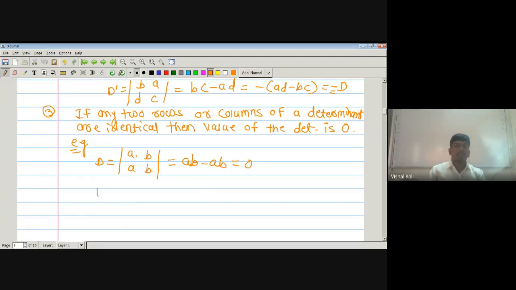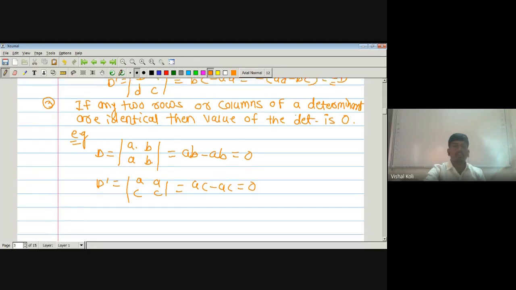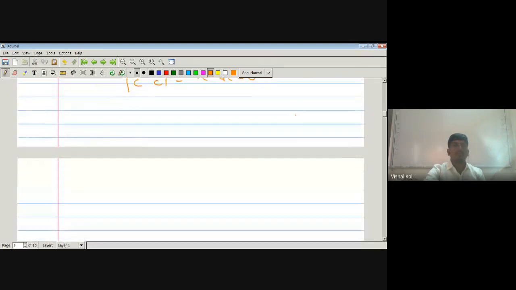Similarly for columns, if D dash has columns A, C and A, C, then it is AC minus AC, which is 0. So if any two rows or columns are the same, its determinant value is 0.